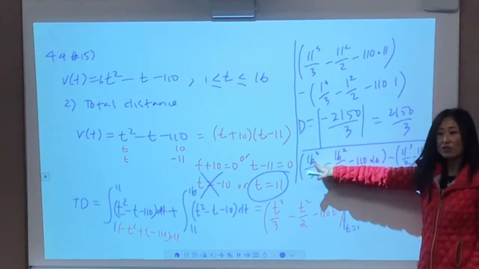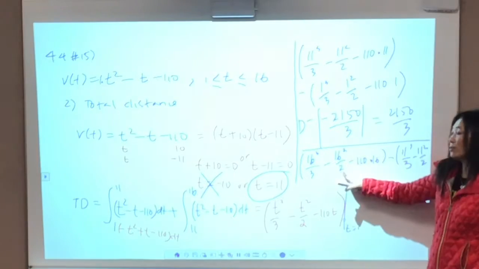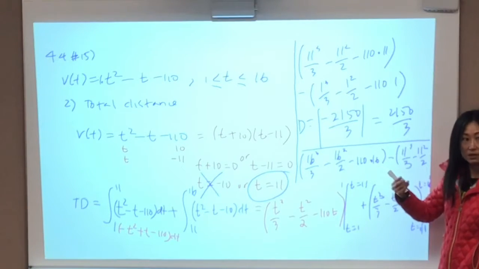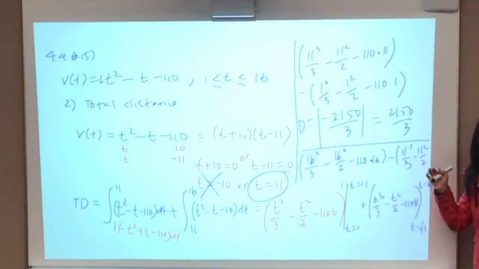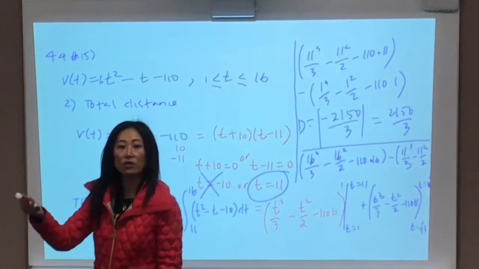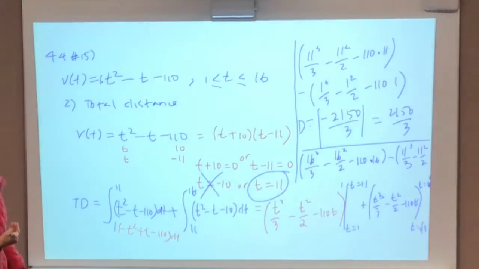So you do 16 to the third divided by 3 minus 16 squared divided by 2 minus 110 times 16, right? And you get whatever the number. This should not be hard, just long, because you gotta put a lot of numbers in your calculator.